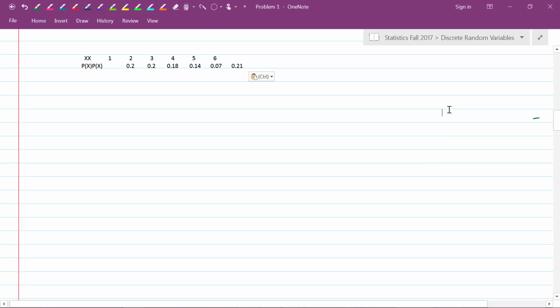So we want to know what the expected value is. The expected value is the same thing as average, which is the same thing as the mean, okay?